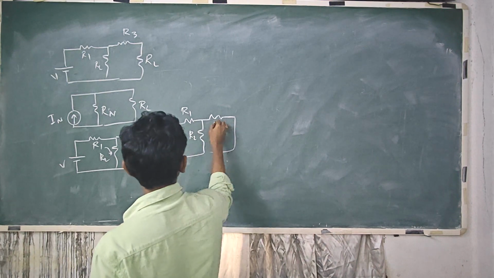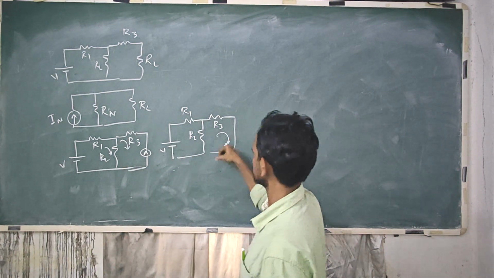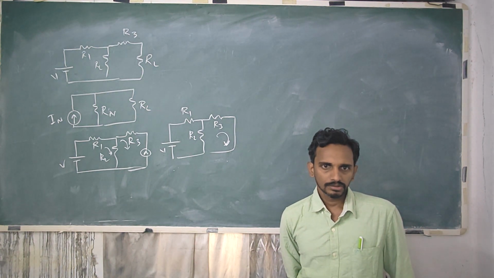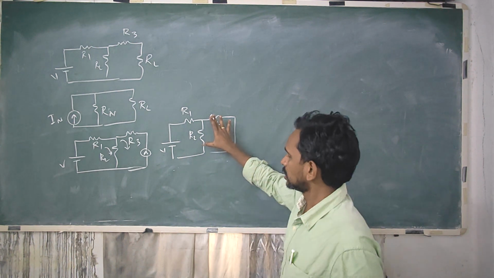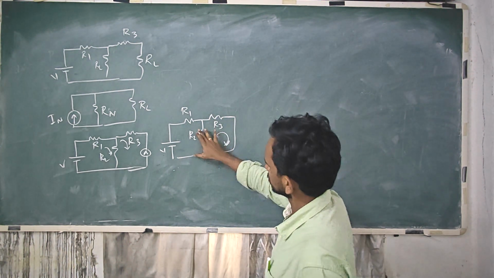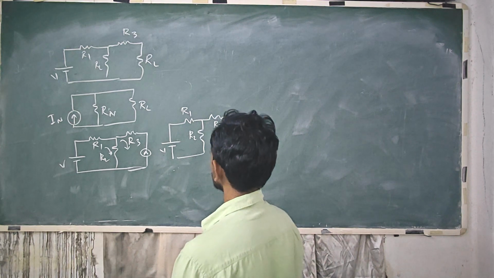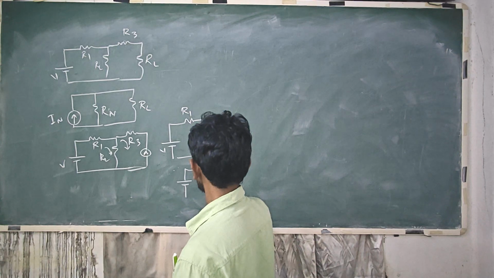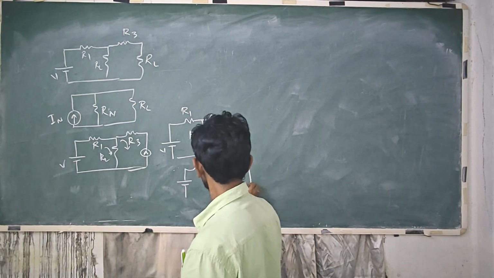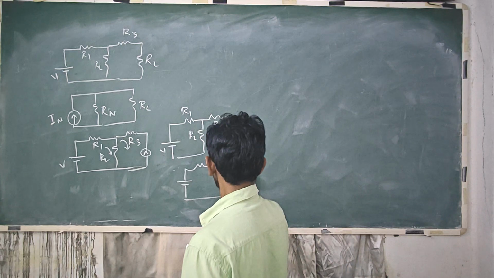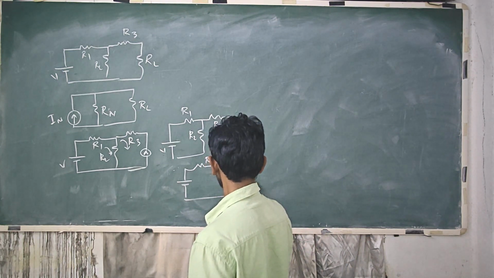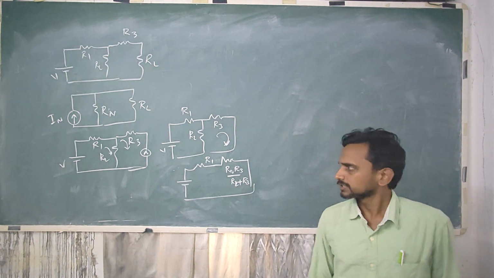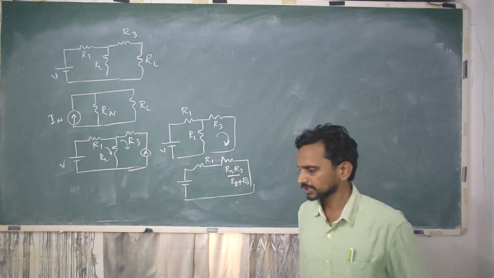R1, R2, R3, and we need this current. Now we have to see the current when this is a series circuit. Convert this into series circuit. This is R1, this is R2 R3 by R2 plus R3. Then we can measure the current through that.